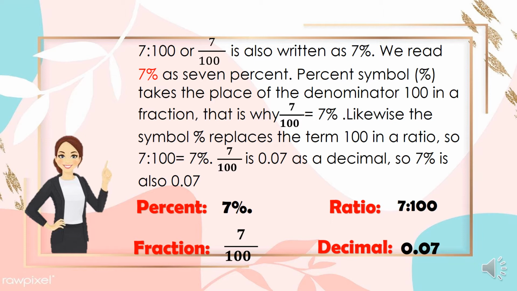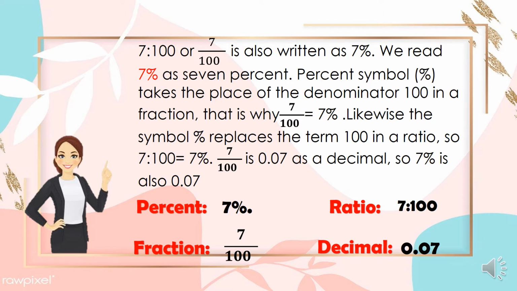Likewise, the symbol percent replaces the term 100 in a ratio. So, 7:100 is equivalent to 7%. And 7 hundredths or 7 over 100 is also 0.07 as a decimal.